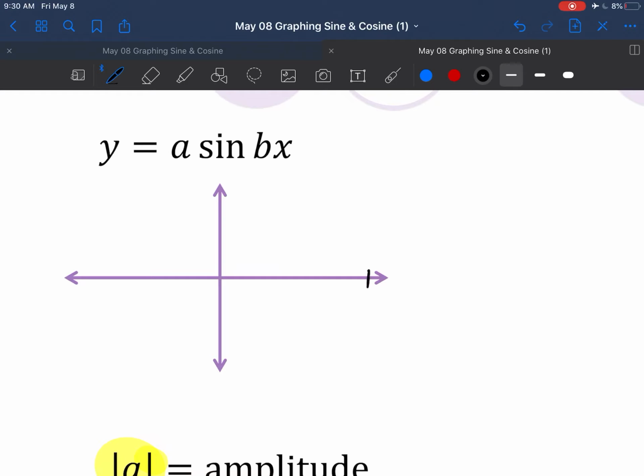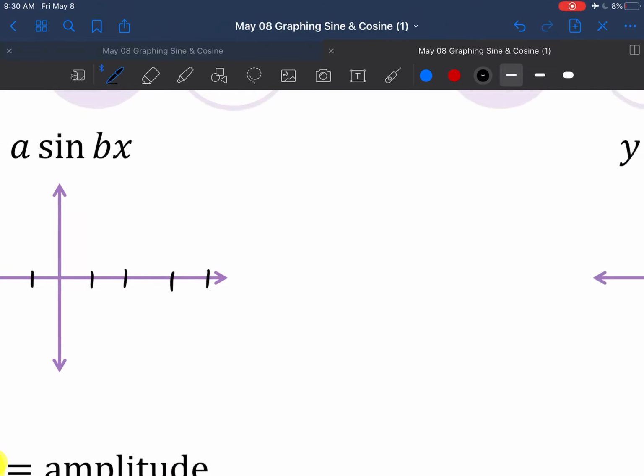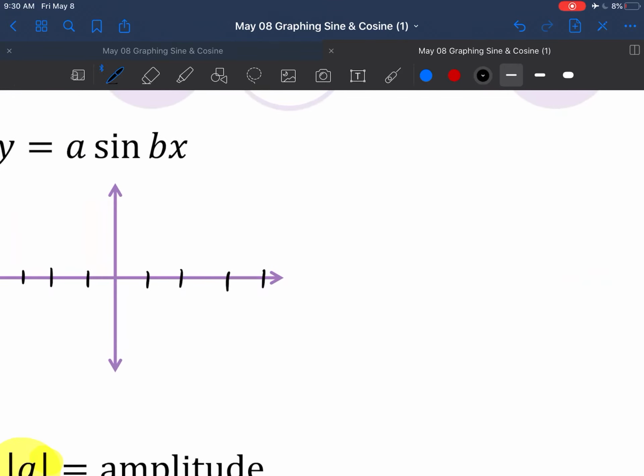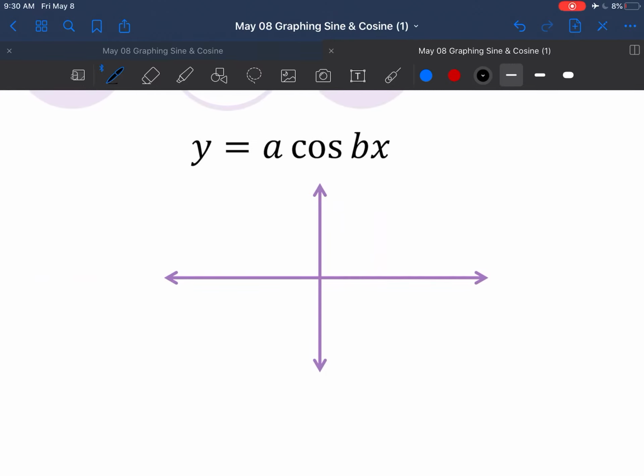So 1, 2, 3, 4 on the right, and 1, 2, 3, 4 on the left, evenly spaced out. And then we're going to have whatever the top of the wave and whatever the bottom of the wave. Same thing for cosine: 1, 2, 3, 4, 1, 2, 3, 4, and then top of the wave, bottom of the wave.